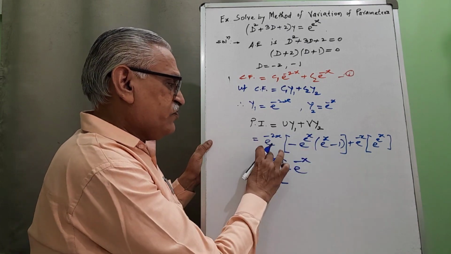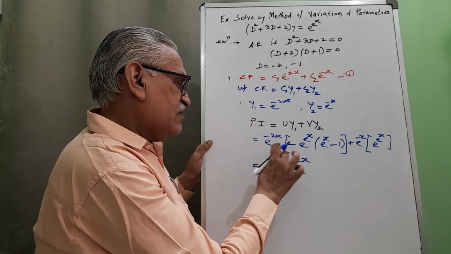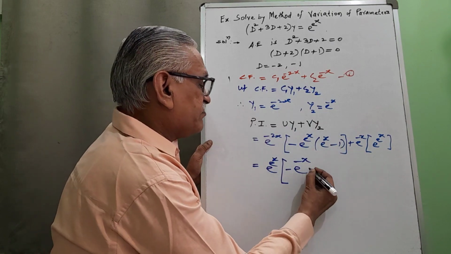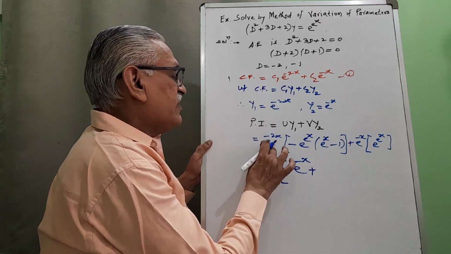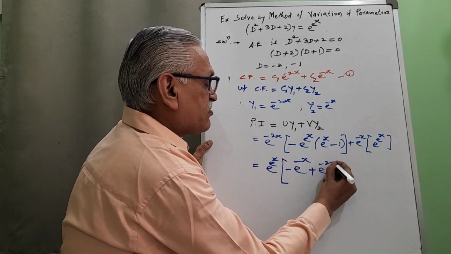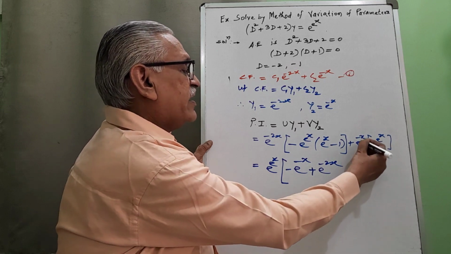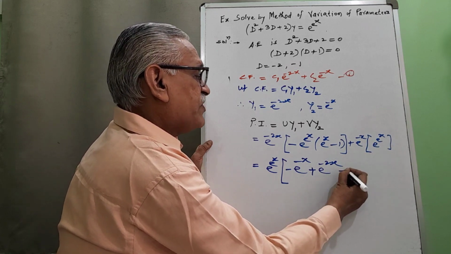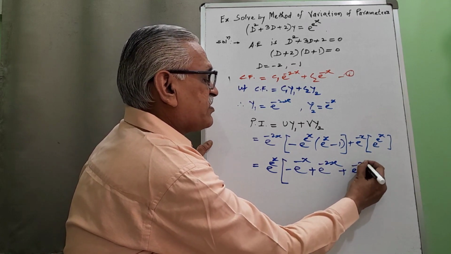product of these two. Then minus minus becomes plus. E raised to minus 2x into 1, we get e raised to minus 2x. And here plus e raised to minus x.